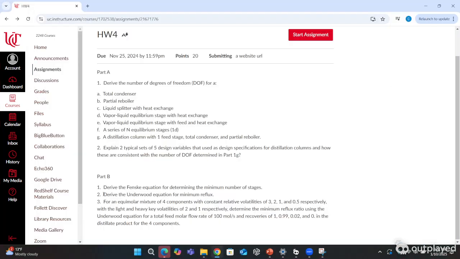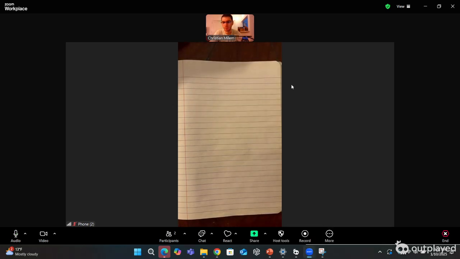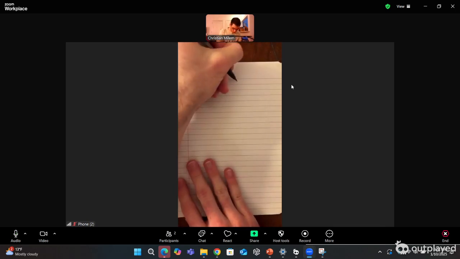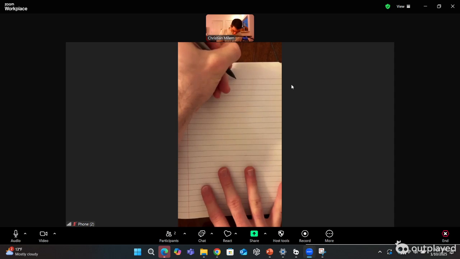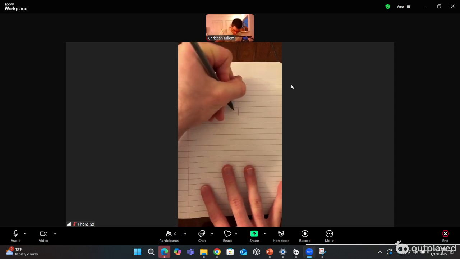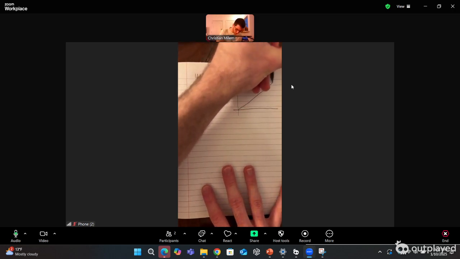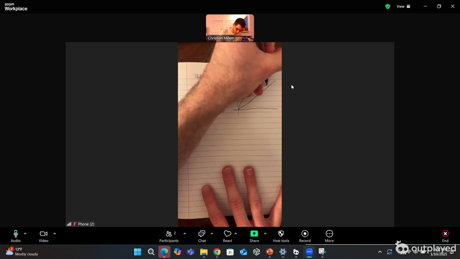All right, so this is going to be the next part, which is deriving the Underwood equation for minimum reflux. All right, so here's what we have going on. Underwood. So we have our equilibrium line between our heavy key and our light key.